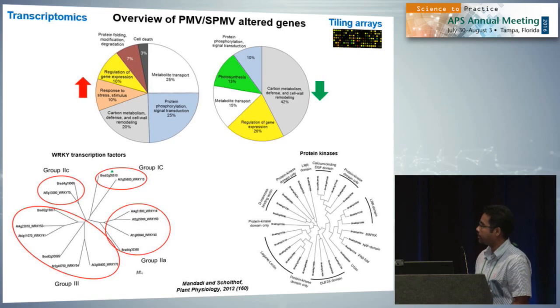On your left, you're seeing a transcription factor class of proteins called WRKYs. If you are familiar with plant immune responses, WRKYs are important transcription factors that mediate transcriptional reprogramming during plant immune signaling. And there is significant induction of these genes during PMV infection in Brachypodium.